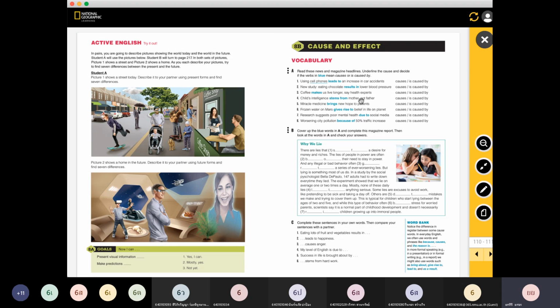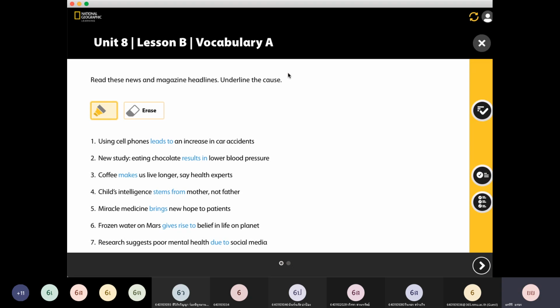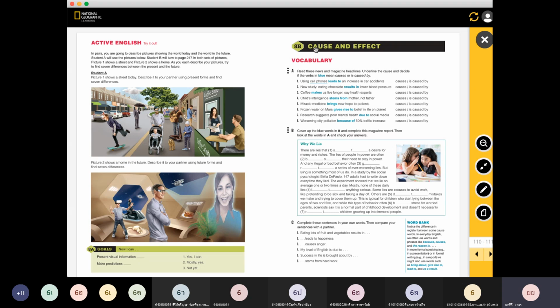And the next one that we can take a look at is when we talk about experiments, when we talk about science and prediction. We're going to talk about some words that can help you indicate cause and effect, because when you experiment or do research, you want to find out whether what you do will cause something or not.